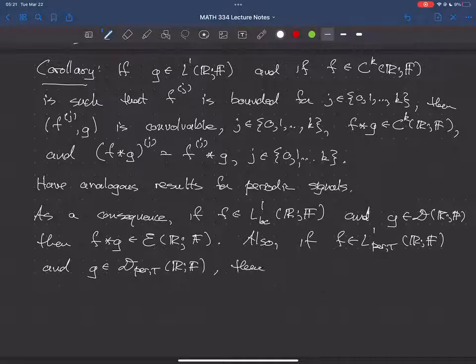I get that the convolution is infinitely differentiable, but it's also periodic, because the periodic convolution of periodic signals is periodic. And so it's infinitely differentiable and periodic. So it's actually in D per. So you get a little bit stronger conclusion here than you do in the aperiodic case.